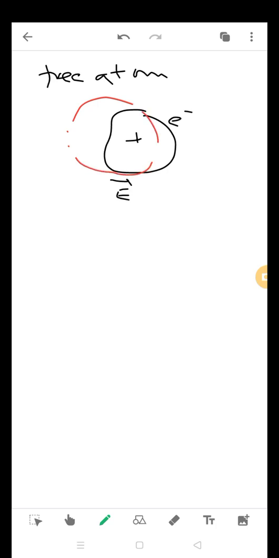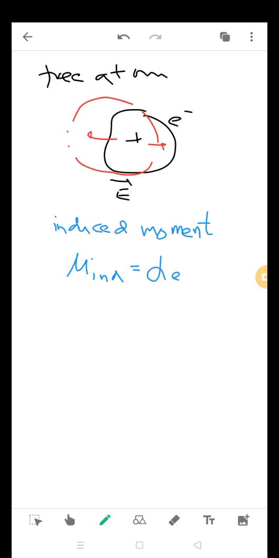It will shift here, positive and negative charges will cause a shift, and this induced moment is simply equal to alpha E into E, where this substance alpha E is called the electronic polarizability of the molecule.